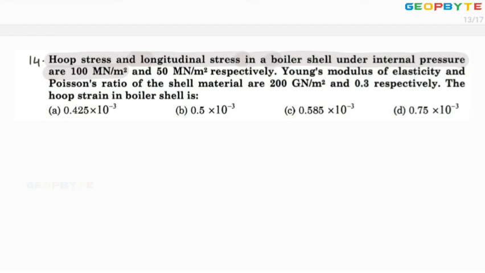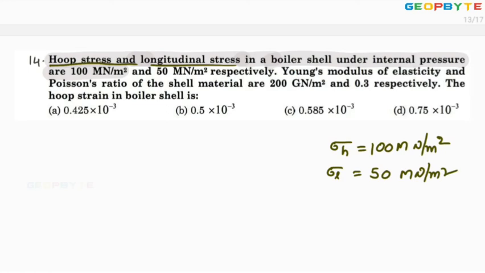Here hoop stress is given: hoop stress equal to 100 meganewton per meter square, and longitudinal stress sigma L equal to 50 meganewton per meter square, respectively.